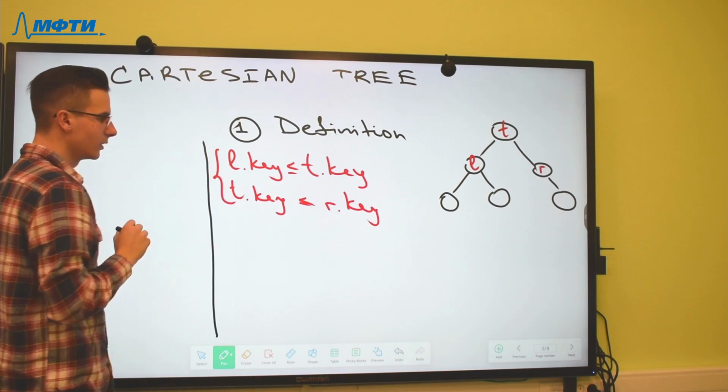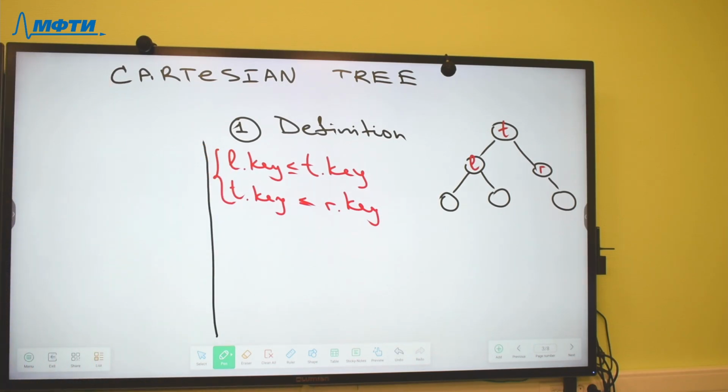So it's the first property of the Cartesian tree.